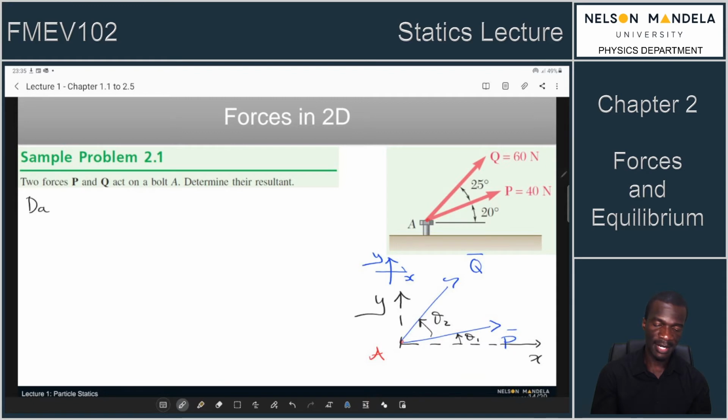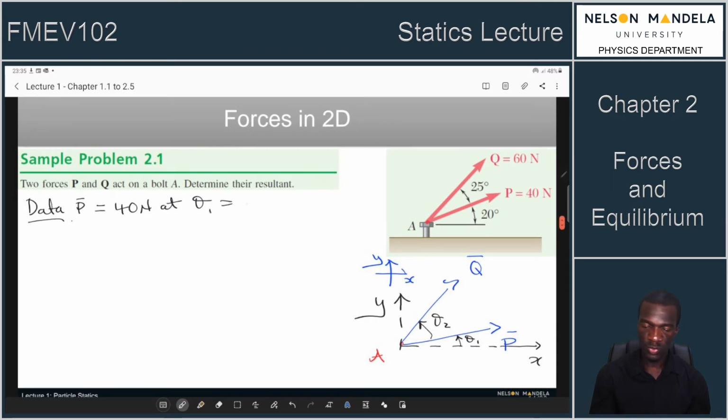So the data are as follows. We've got our force P, which is equal to 40 newtons at theta 1, 20 degrees to the plus i direction. So I'm trying to be particular, right?